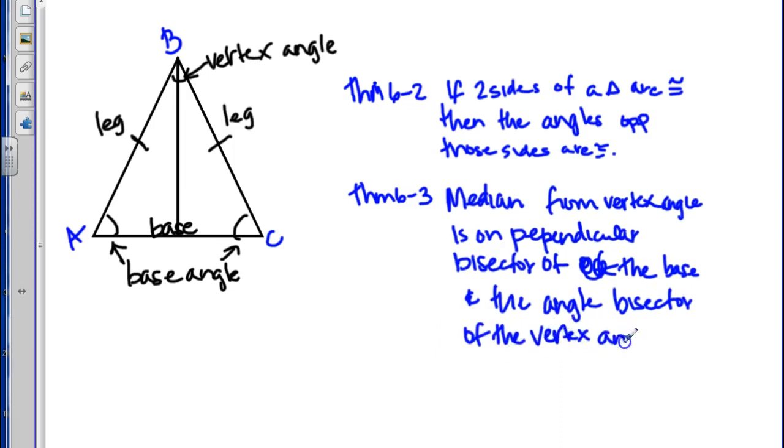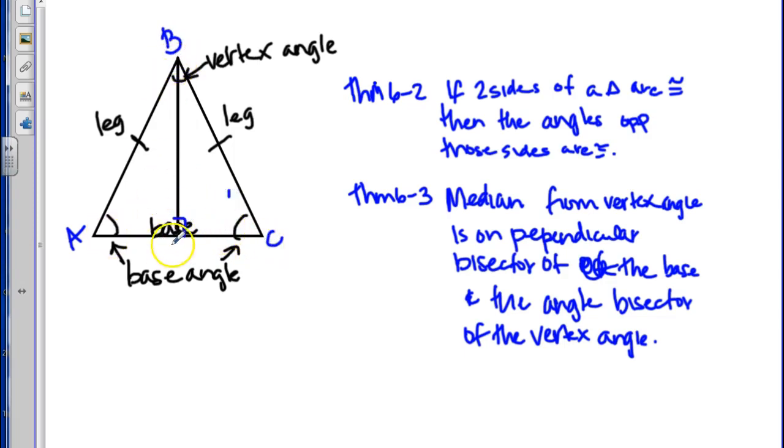All right, so the median. Here's my median. The median comes from the vertex, so it would be the vertex angle, which would be angle B. It's perpendicular to the base, which is a new thing.